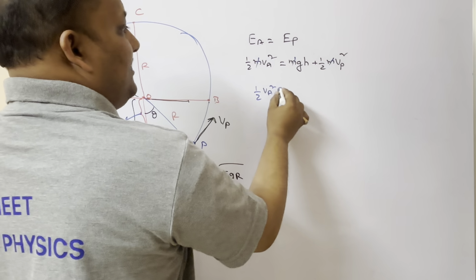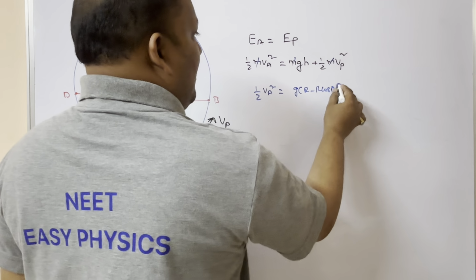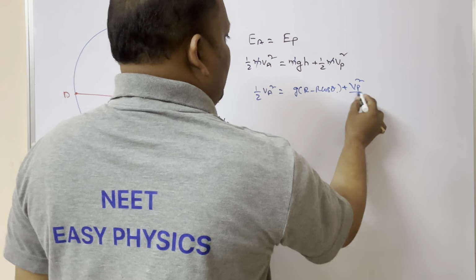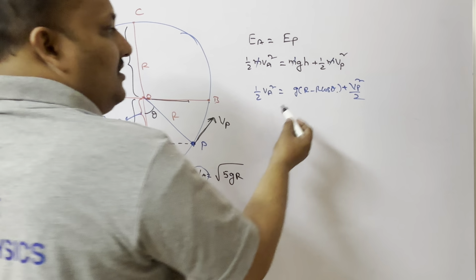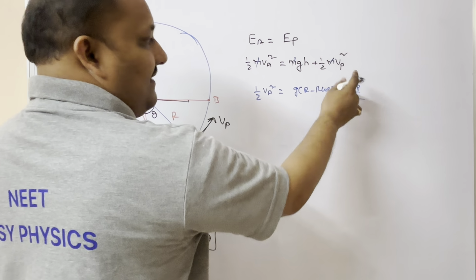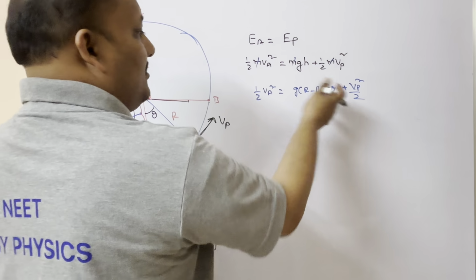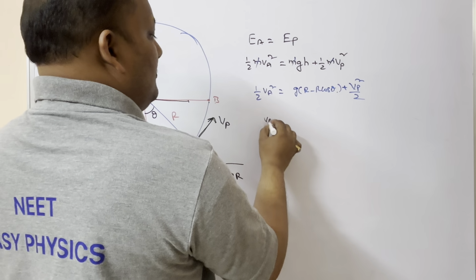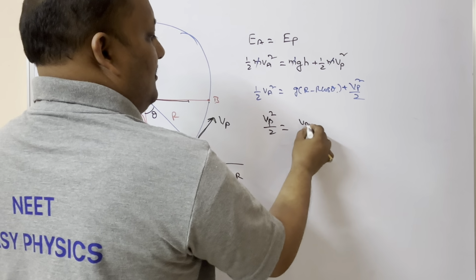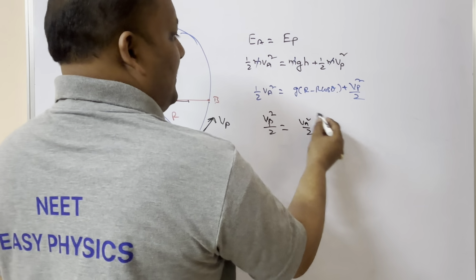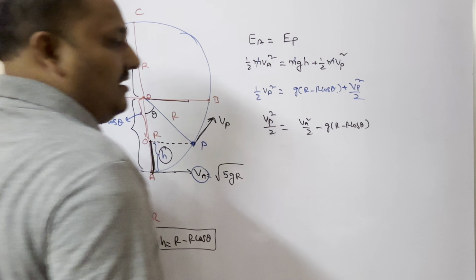So VA square by 2 is equal to G into R minus R cos theta plus velocity at point square by 2. We want VP square, velocity at the point square. You can send this one to this side. So what you are going to get: VP square by 2 is equal to VA square by 2 minus G into R minus R cos theta.